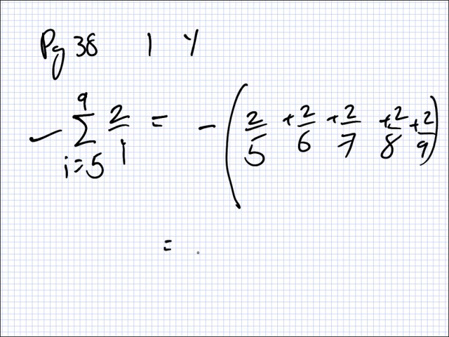You put that in the calculator and you get minus 1.4913. And that is that. Can you remind me how we do this? How we get 2 over 5? The i gets replaced by 5, and then by 6, then by 7, then by 8, until 9.